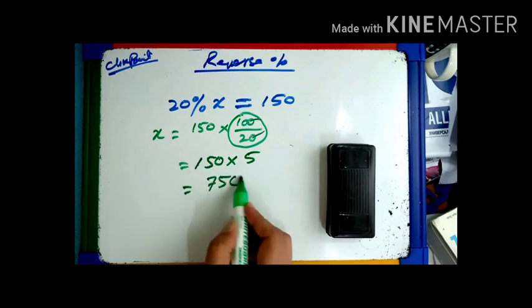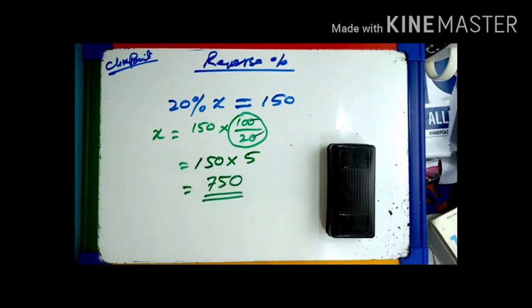Now 150 times 5 is? Wait, I'm doing it. 750. And 750 is the answer. 750? Answer. Okay. Still you did it wrong.